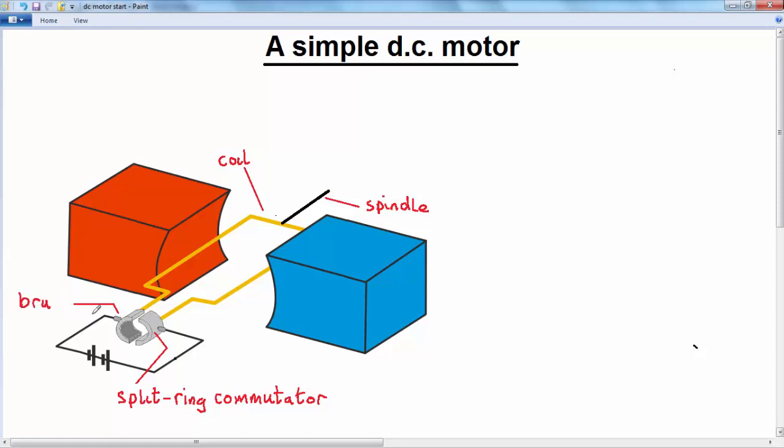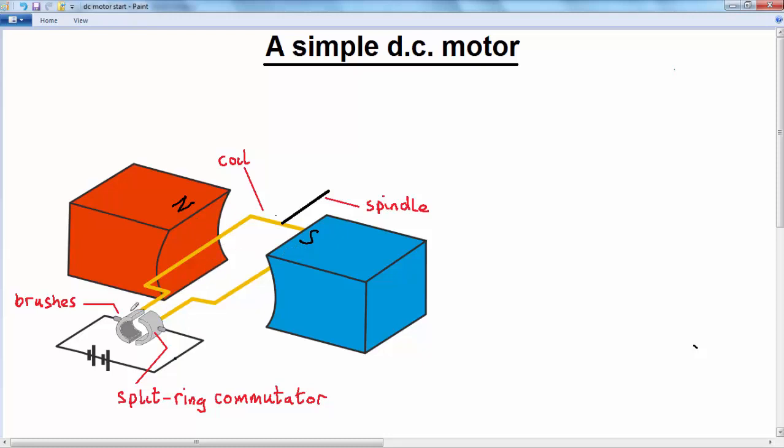So these brushes are in contact with the split ring commutator but are not fixed to it. So the brushes are fixed, the magnets are fixed, but the commutator and coil are free to rotate around the spindle. So as you can see, the coil is sandwiched between the north and south poles of a magnet.